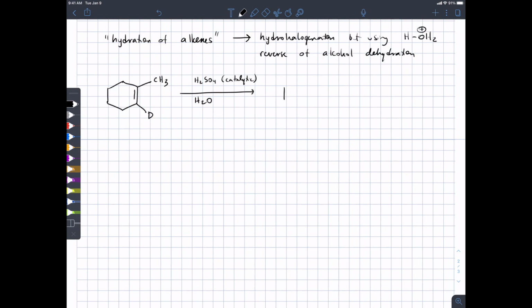As above with hydrohalogenation, you're going to get 2 diastereomeric pairs of enantiomers. By that I mean you're going to have one set of diastereomers where the hydrogen and the OH group are on the same side of the molecule, or at least on the same side of the original double bond.